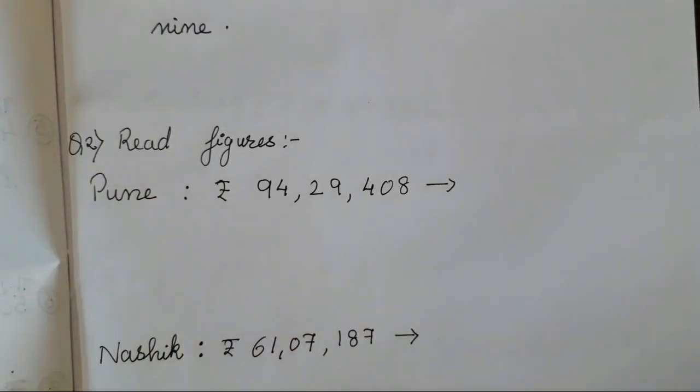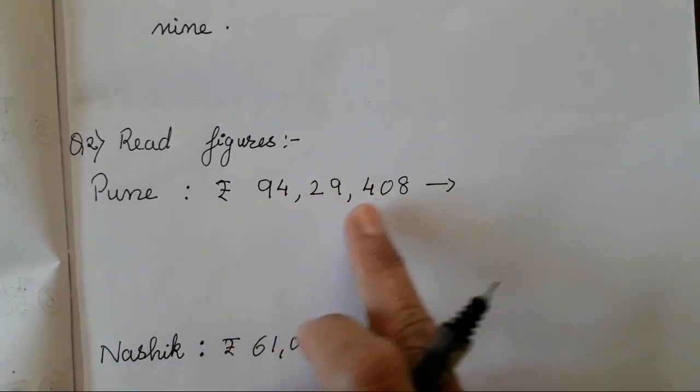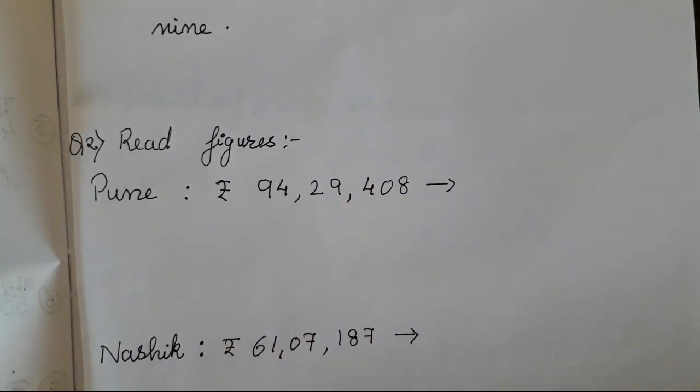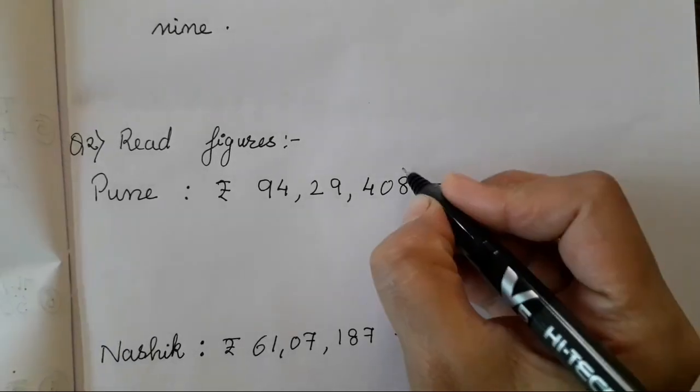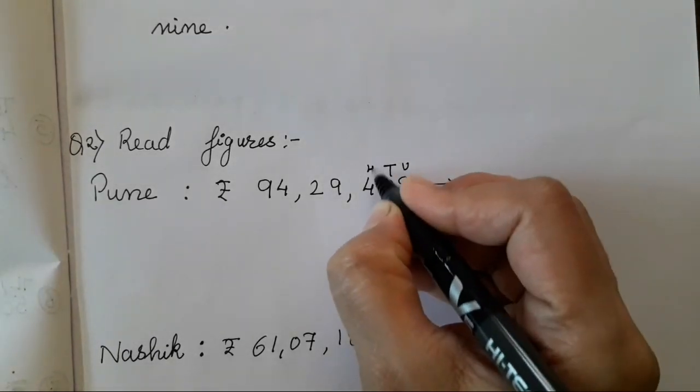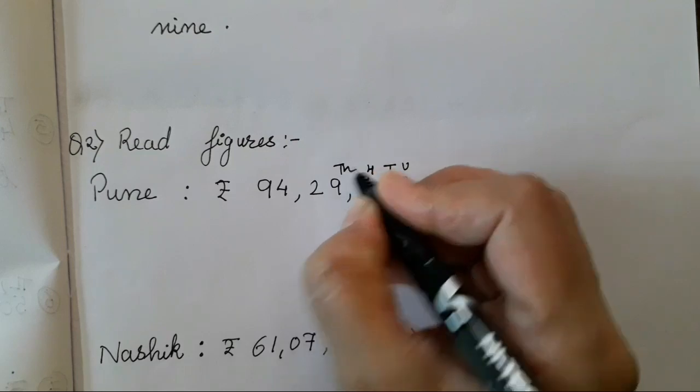Now, same thing we have to do over here. This question is: given below are the deposits made in the women's cooperative credit societies of some districts. So these are some districts that they have given, and this is the amount of rupees that they have saved or deposited. In the same way, don't forget you all have to write the units.